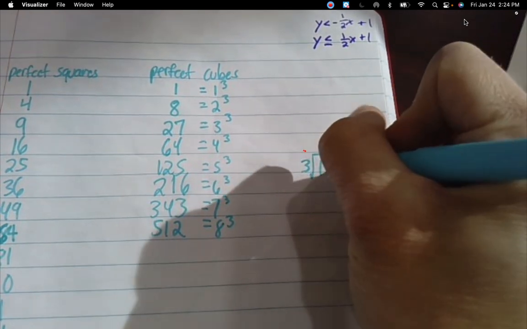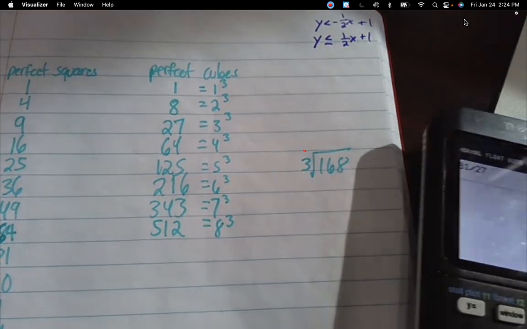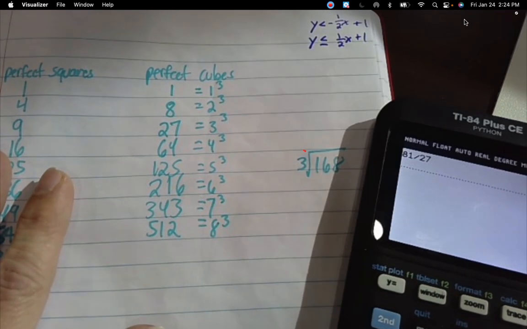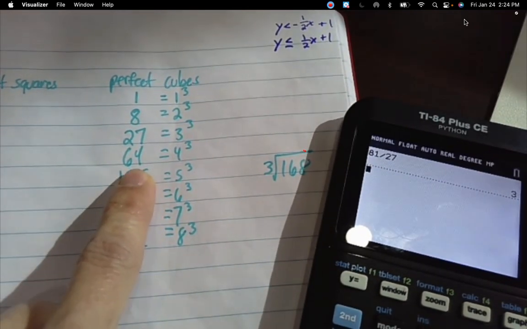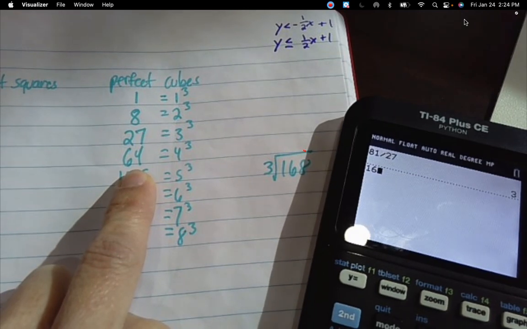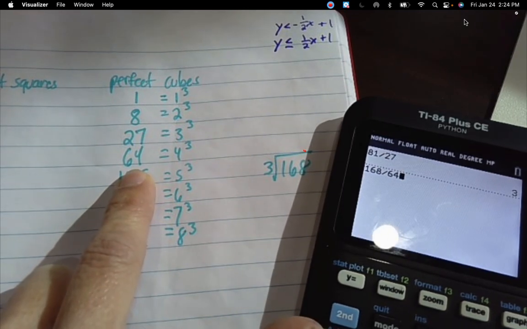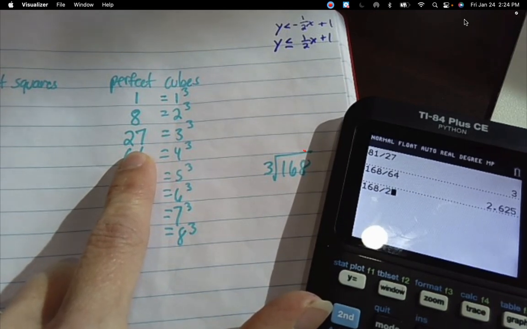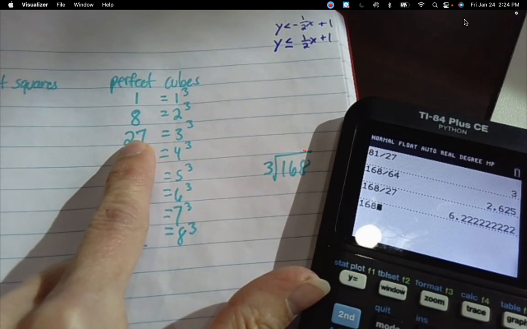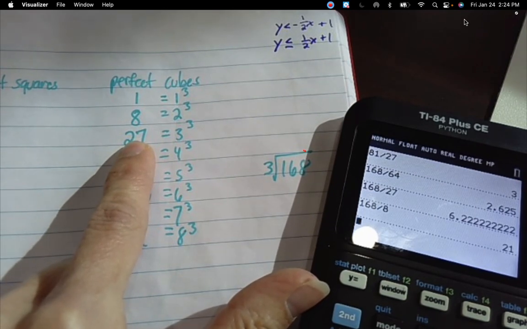I have no idea what number goes into 168. So this is what I would do. I would try this. Obviously, it's not any of those. Let me try 64. 168 divided by 64. Nope. 168 divided by 27. No. 168 divided by 8. Oh, there it is. It's 8 times 21.